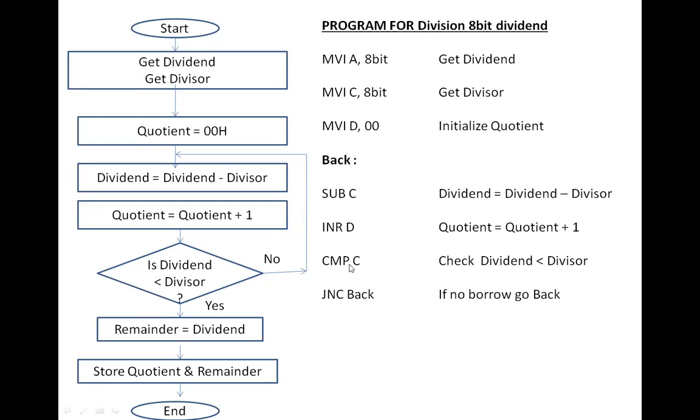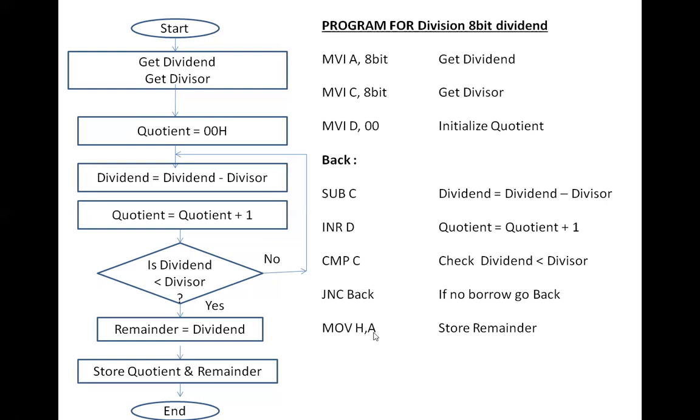Now it is going to compare C. Now the accumulator content has become 0. Now 0 is compared with 4. Since 0 is compared with 4, it means 0 is less than 4. So the carry or the borrow flag will be set. If the carry or borrow flag is set, then it will not jump back. Where will it jump? It will jump to the next instruction, where we have to store the remainder.